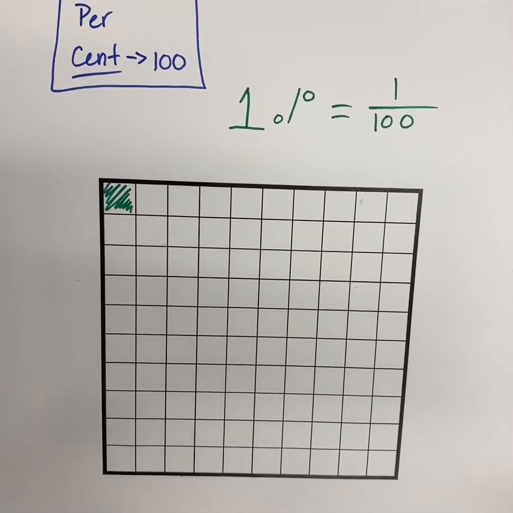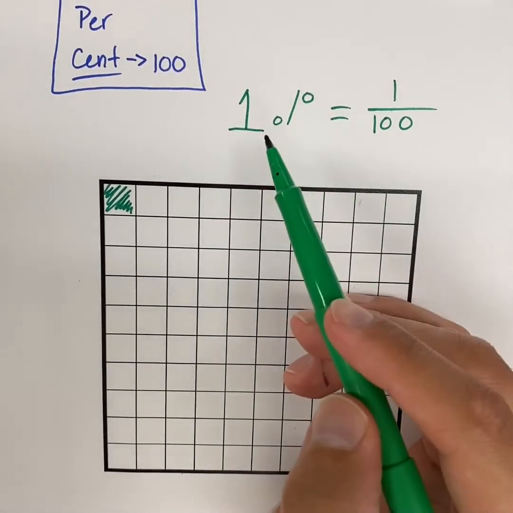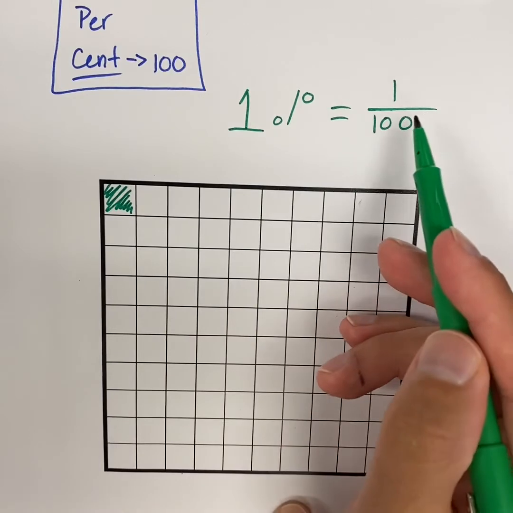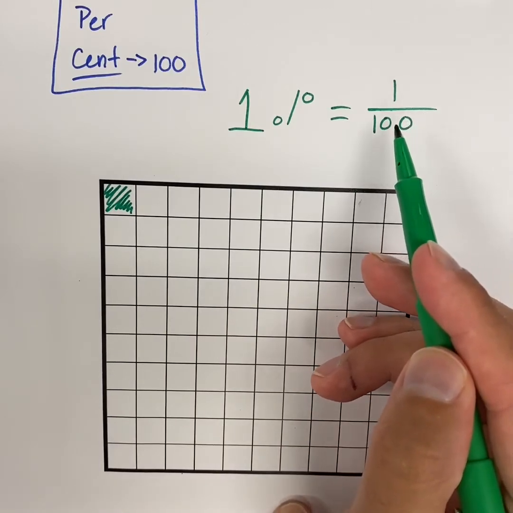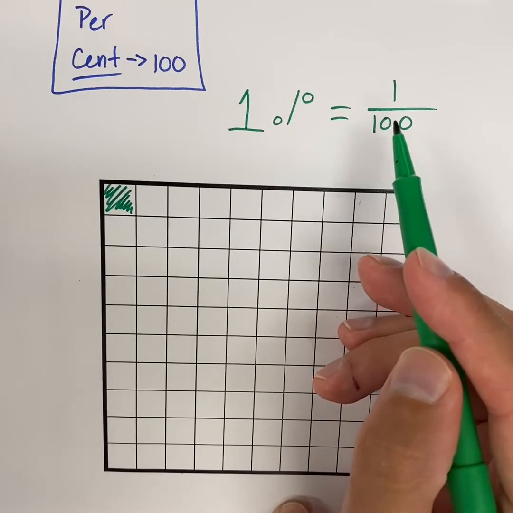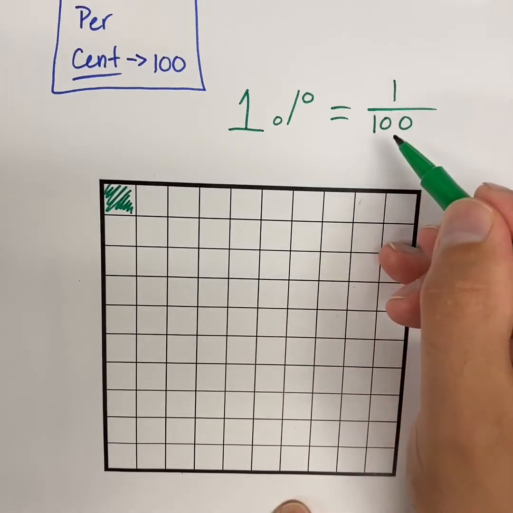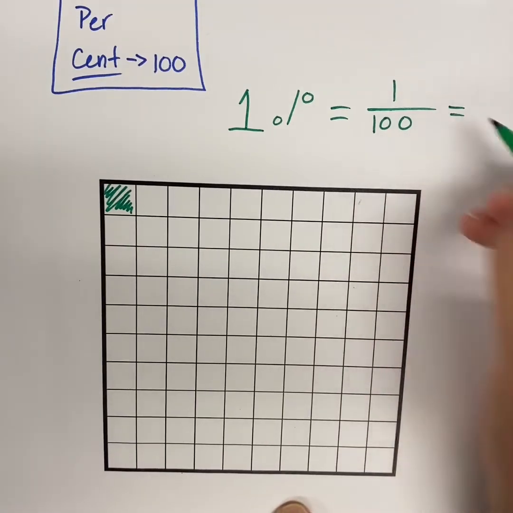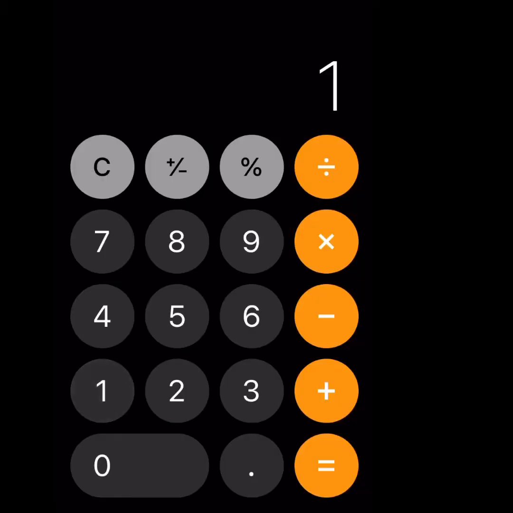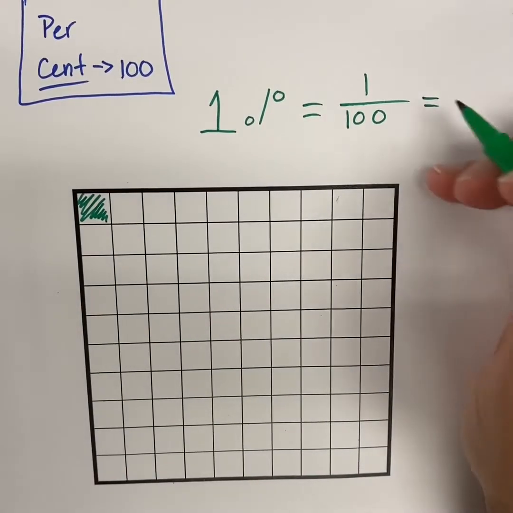There's one more thing that I want to go over before we move on to a new percentage. We've got 1% here. This was 1 out of 100. Now, if I wanted to find a decimal equivalent to this, I could do this division problem, 1 divided by 100. So here we do 1 divided by 100, and you can see that we'll get 1/100th. And this would be our decimal equivalent to 1%.